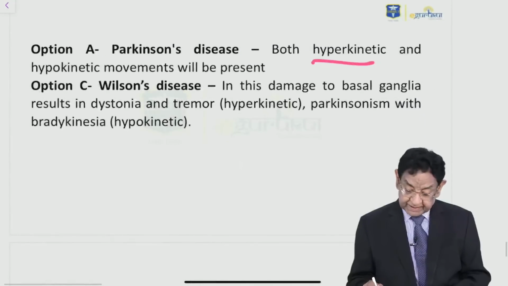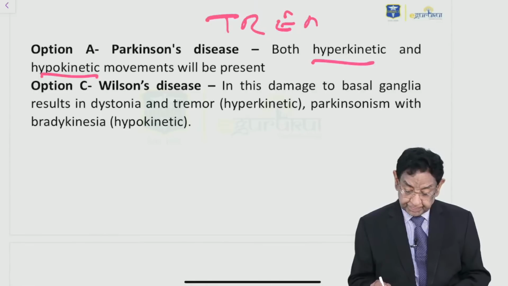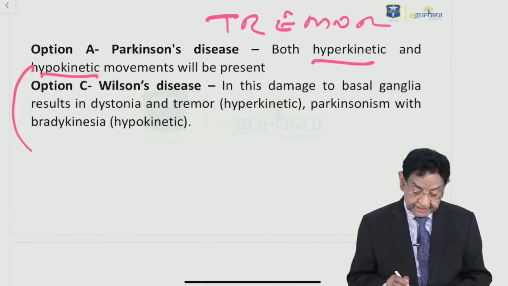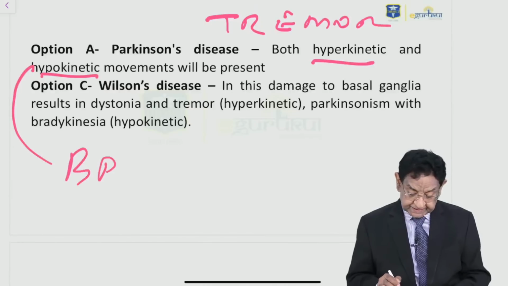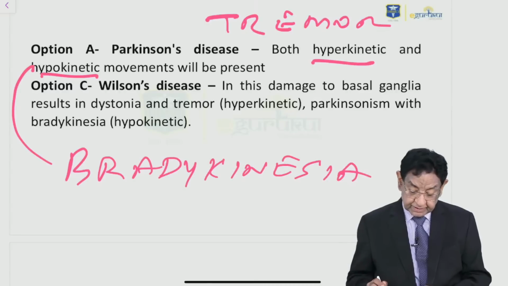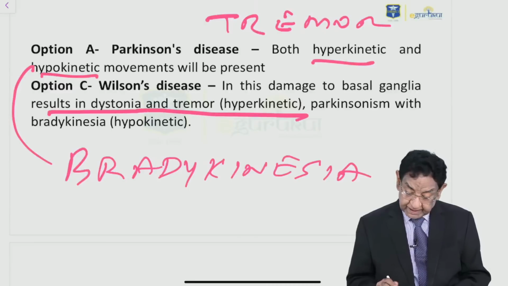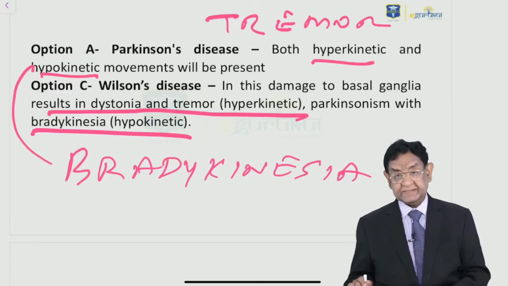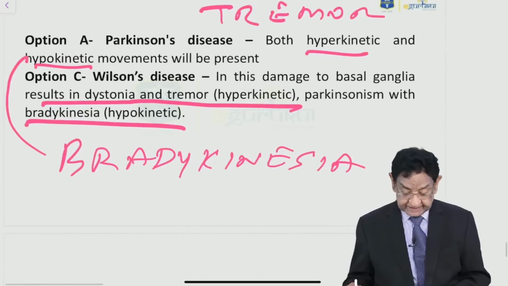Parkinson has both hyperkinetic and hypokinetic movement. Hyperkinetic in the form of tremor. Hypokinesia is bradykinesia. Wilson disease again has dystonia and tremor, hyperkinetic, and Parkinsonism is hypokinesia.